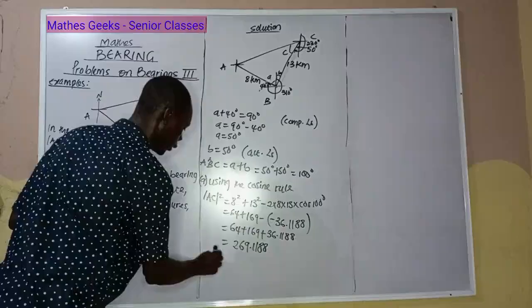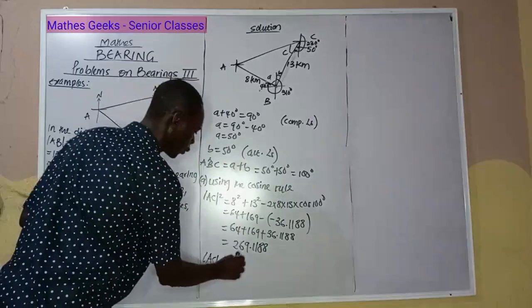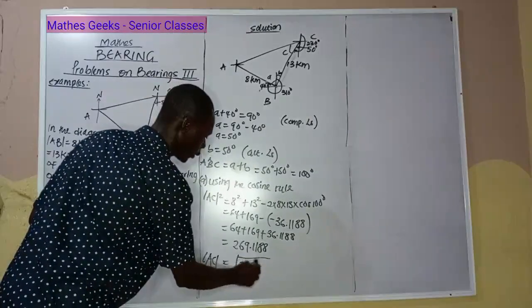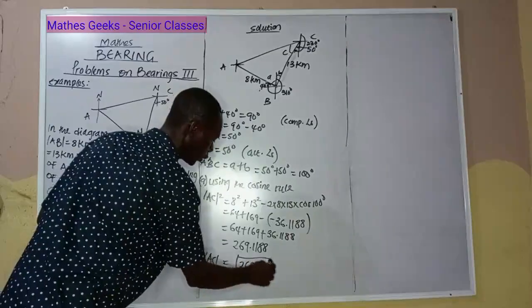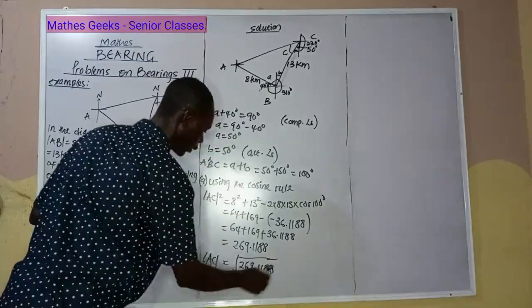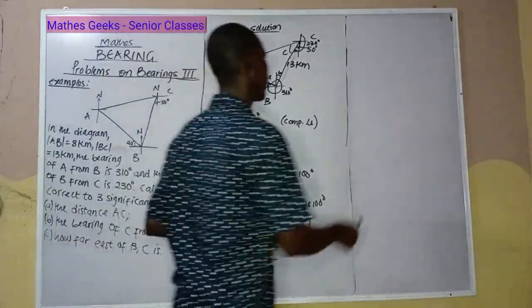So line AC is equal to the square root of 269.1188.